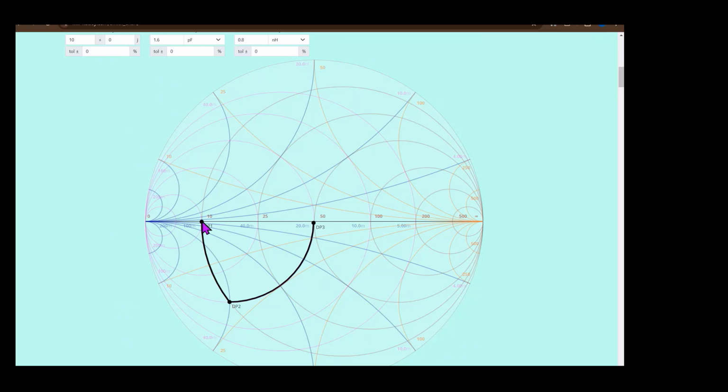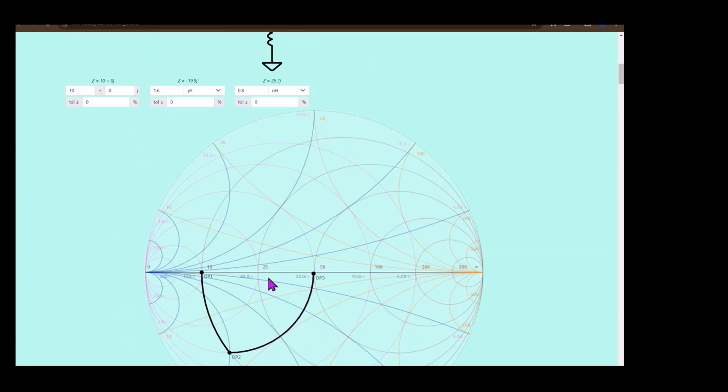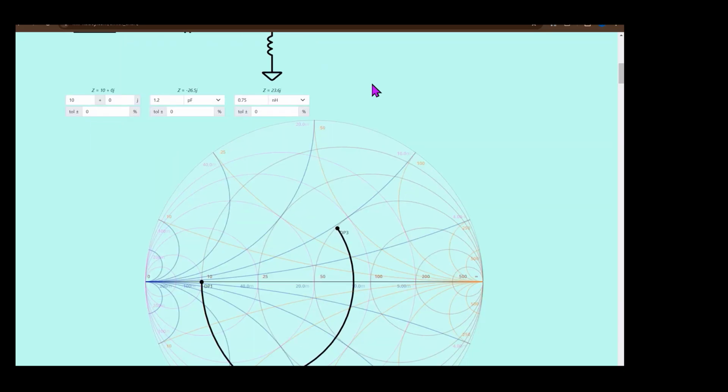If I do this with more than 2 elements, so let's say that I shot past 50. So I shot past 50. Now I need to go up a little bit higher, and now I need to come back down on a line of constant conductance. I'm going to add a capacitor here.